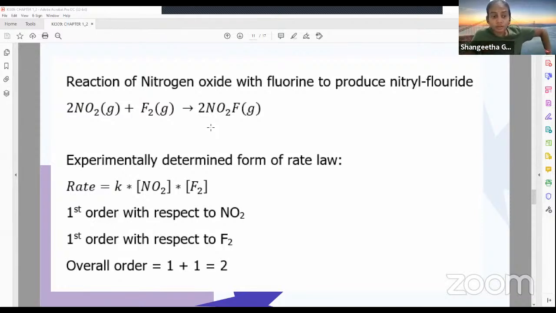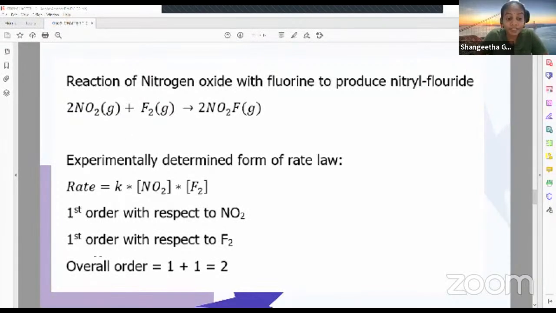You can also experimentally determine the form of the rate law. Your rate law becomes equal to k, your constant, times the concentration of NO2 times the concentration of F2, which are the two reactants in your reaction.